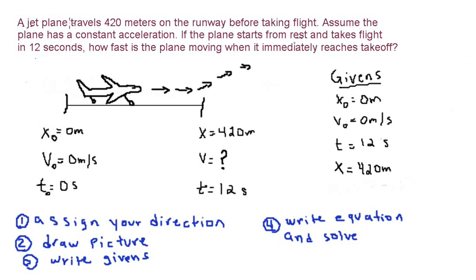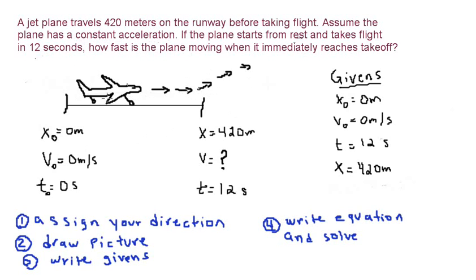And it says a jet plane travels 420 meters on the runway before taking flight. Assume the plane has a constant acceleration. If the plane starts from rest and takes flight in 12 seconds, how fast is the plane moving when it immediately reaches takeoff? Okay, so one thing you should have noticed is that there is a constant acceleration, so you can use the kinematic equations to solve this problem.